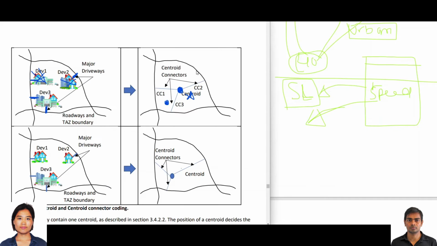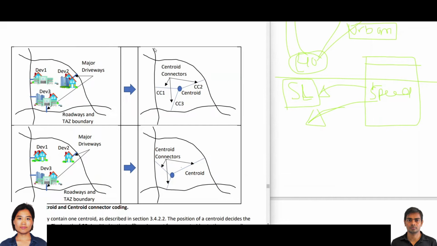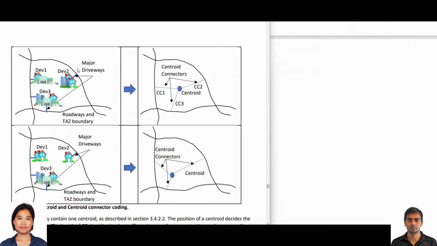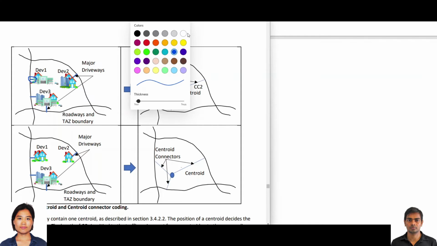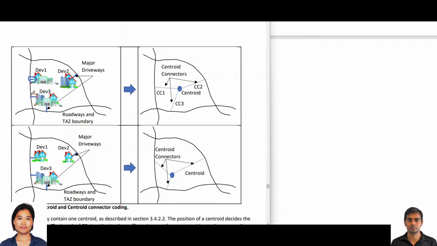Let me reload this real quick. Okay, so what happens is, let's say these three developments are in play and we draw the centroid here. As soon as the centroid is done, these centroid connectors represent the driveways. So this driveway, since we were using blue, I will just use red, another driveway, another driveway, another driveway.